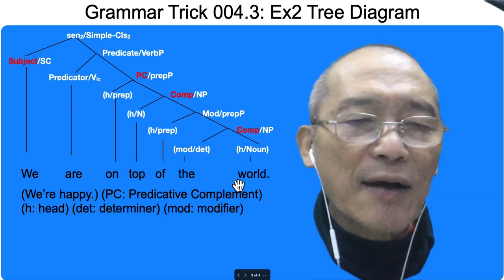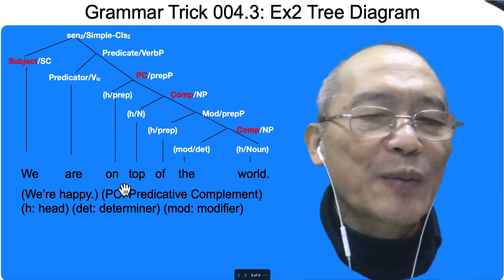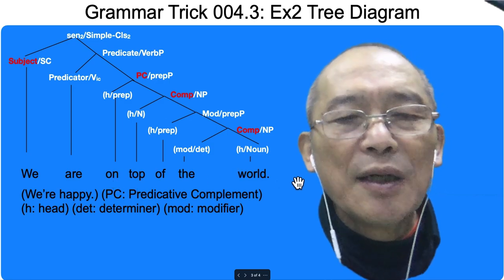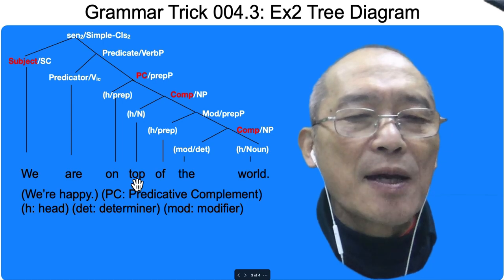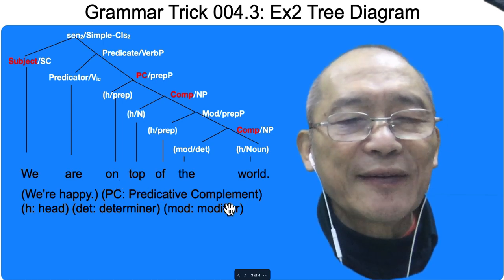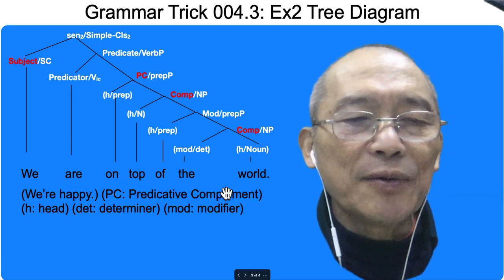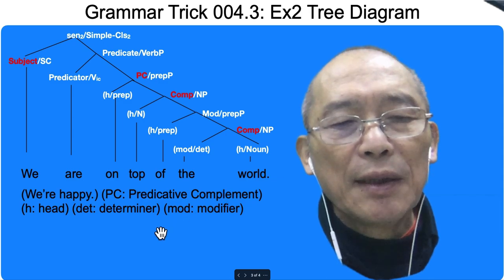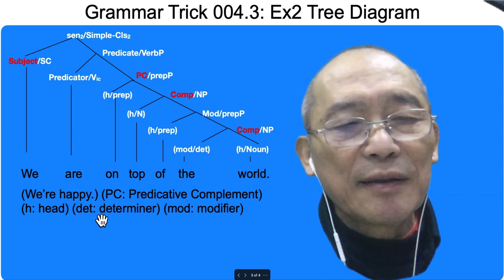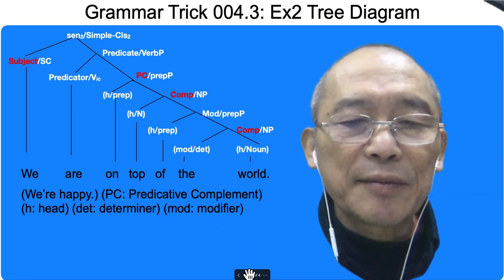So this is a noun phrase acting as the complement for this preposition. So this is the prepositional phrase, a 4th-level phrase. And this is the predicate complement of this type 2 sentence structure. So you can check this, H the head, determiner, and modifier.